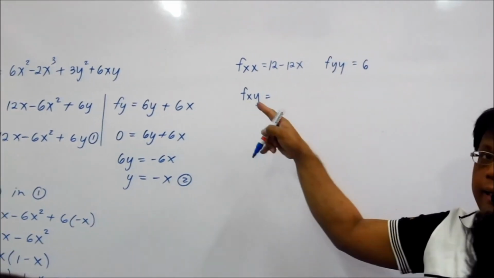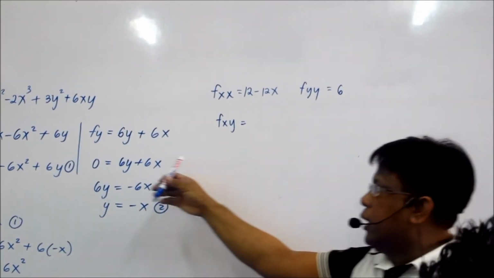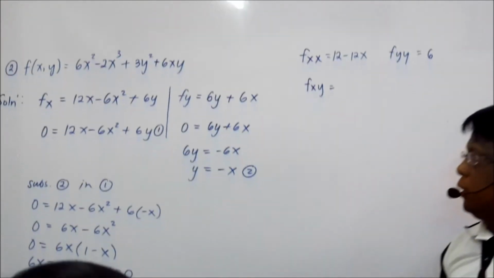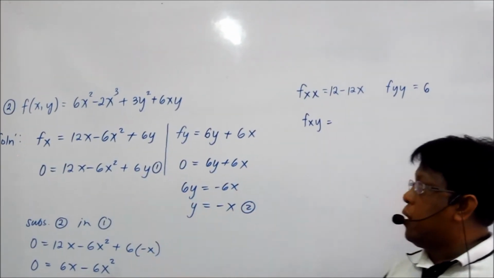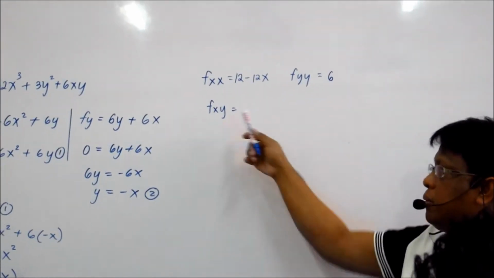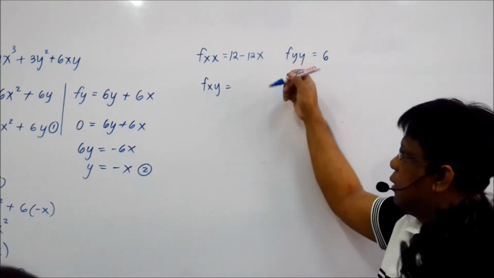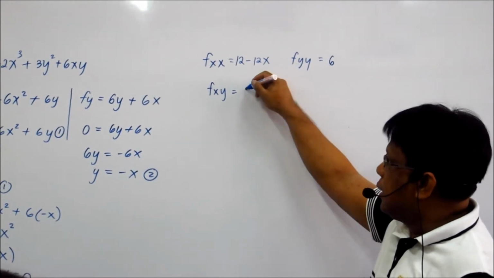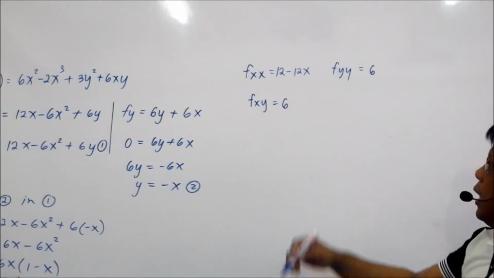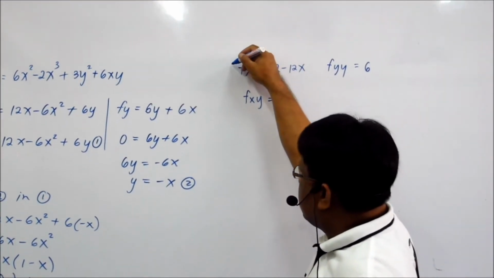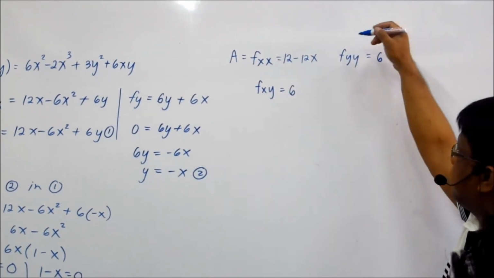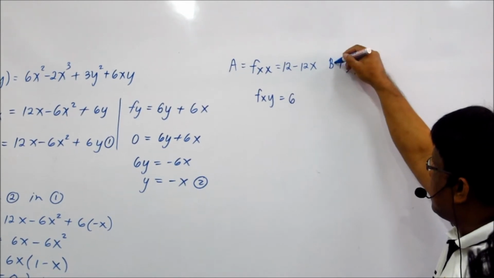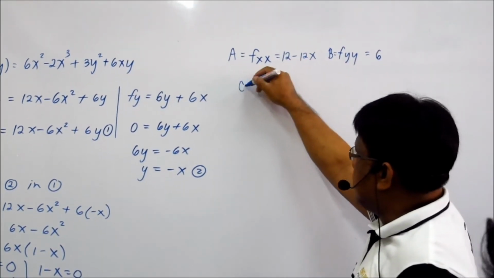So this time y is the variable and x is constant. Beginning with 12x, that is 0. Then what about negative 6x squared? It's also 0 because x is constant. Then for 6y, it is 6. Let us call this our A, then this is our B, and then this is C.